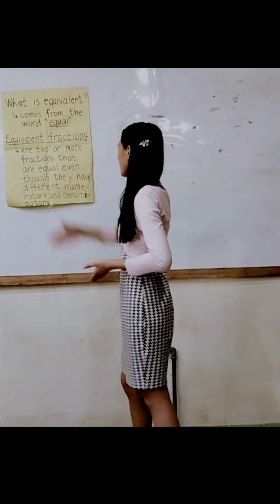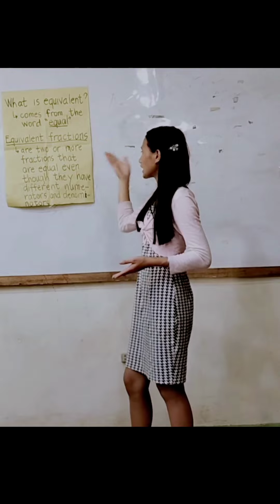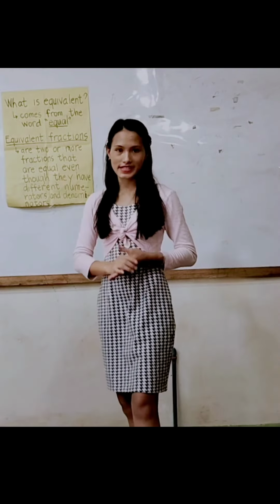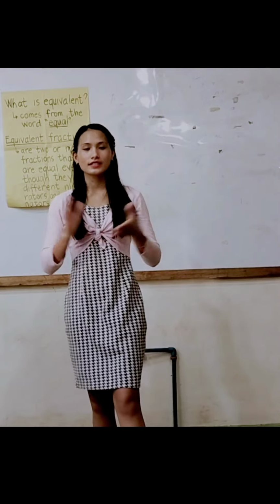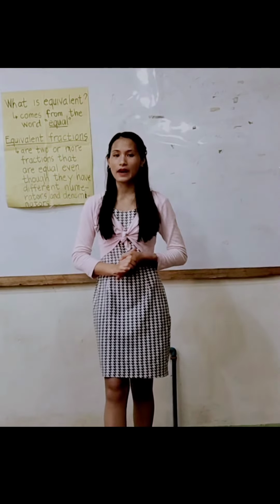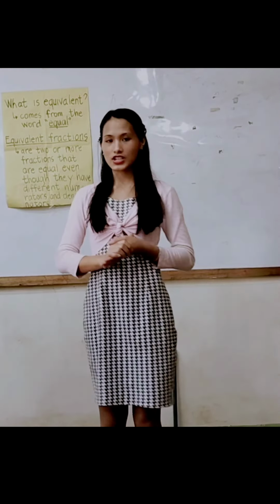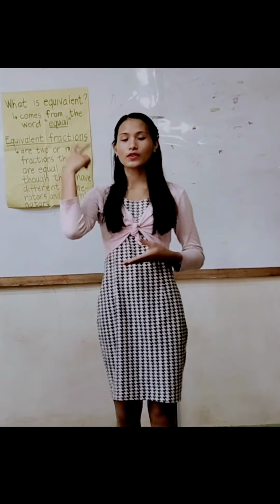Okay, very good. So equivalent fractions are 2 or more fractions that are equal even though they have different numerators and denominators. Okay, so our topic this afternoon is about identifying the equivalent fractions by multiplying by 2.